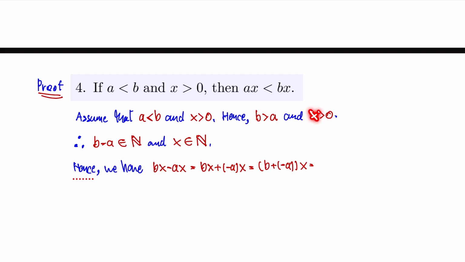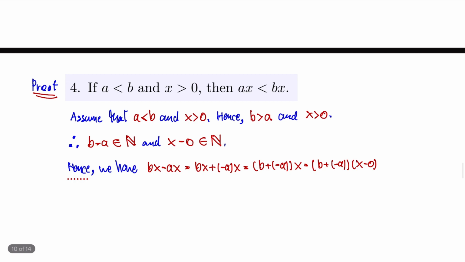You might say that x greater than 0 implies that x minus 0 is in the set of natural numbers. So we have b plus minus a times x minus 0.